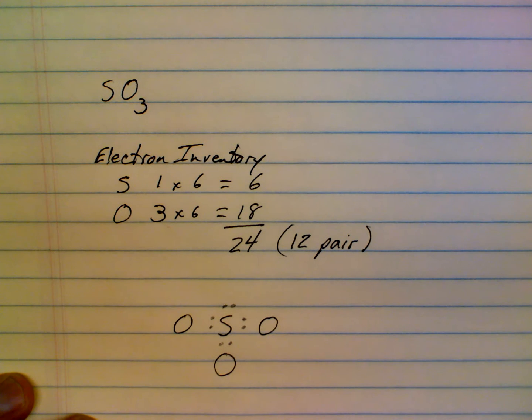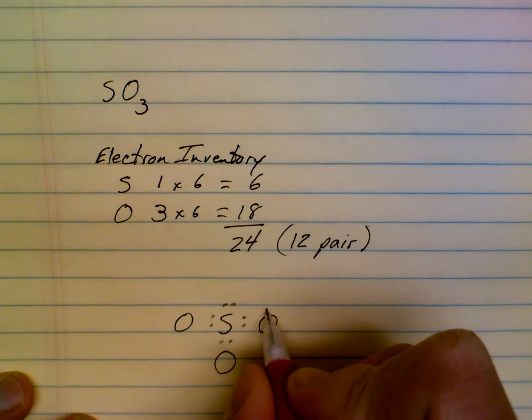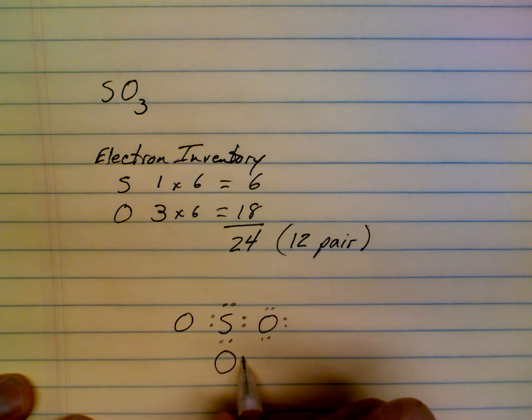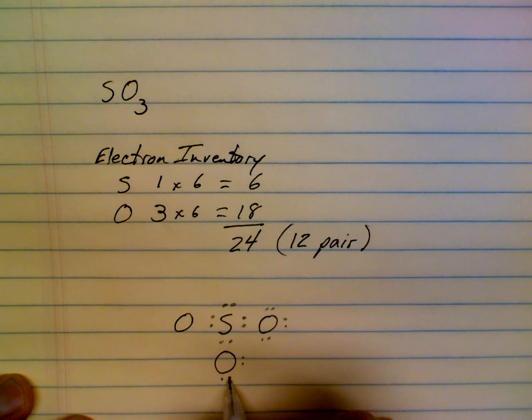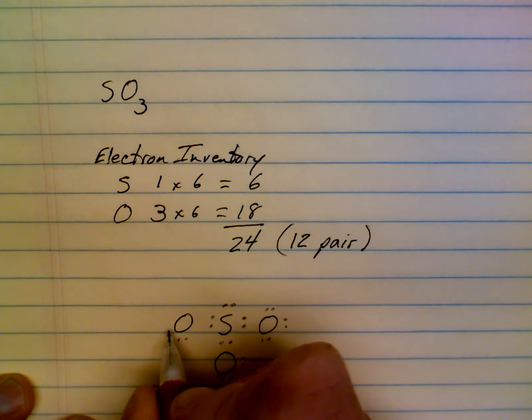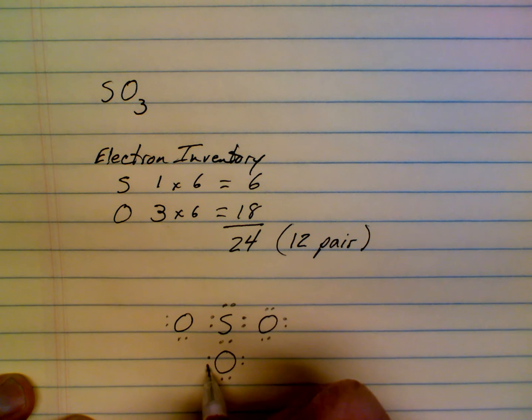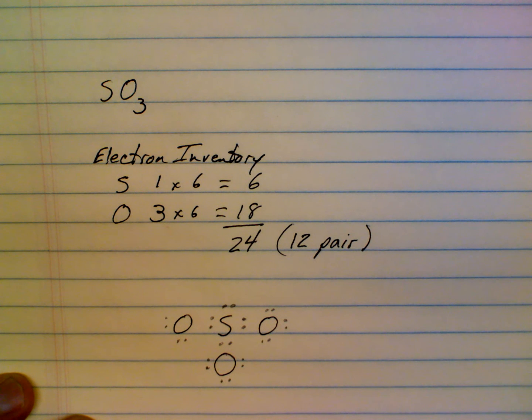So there's 8 dots or 4 pairs, and then we just add in the others: 5, 6, 7, 8, 9, 10, 11, 12. Okay, so I've put all 12 pairs down. So we have all 24 valence electrons shown now.